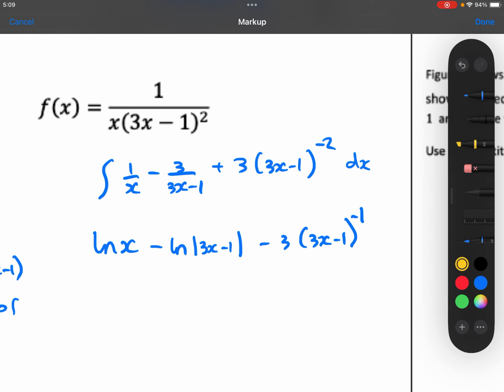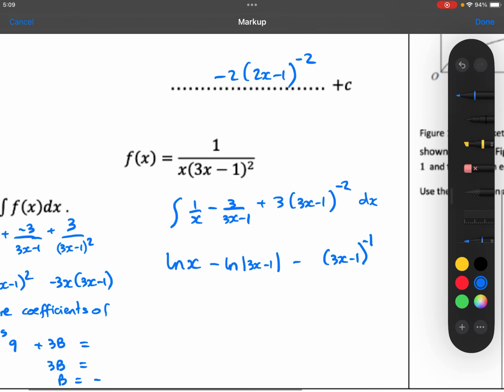But then by the reverse chain rule, I also need to divide by 3 because of the inside there. So the 3 divided by the 3 is just 1. And so my answer is ln x minus ln 3x minus 1 minus the 3x minus 1 to the power of minus 1 plus c.